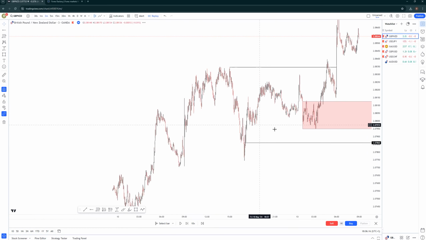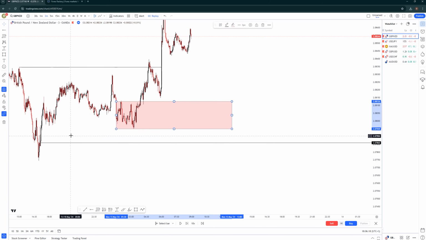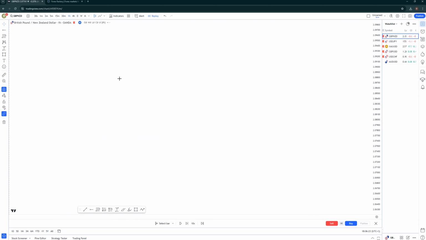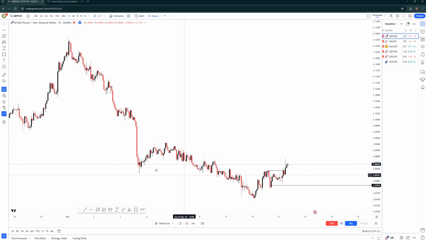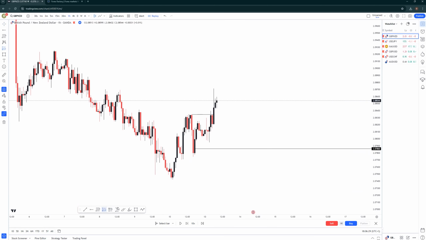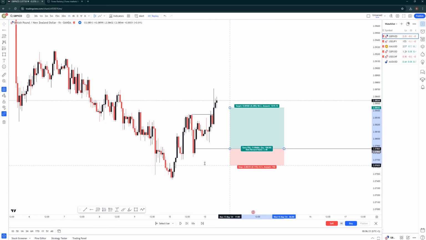from this Gbpnzd pair. So when you go back to the 1 hour time frame, because you use the 1 hour time frame as your cost, you can put your entry mark at that point, and then we just put 15 pips, and then the take profit will be at the turning point.